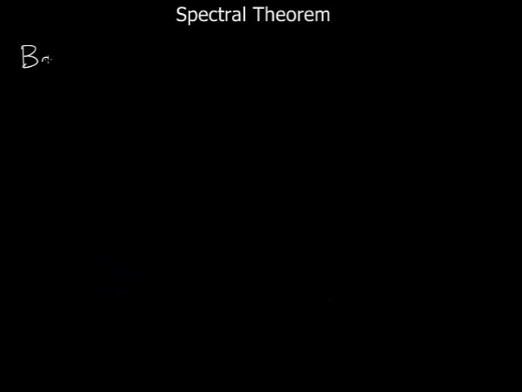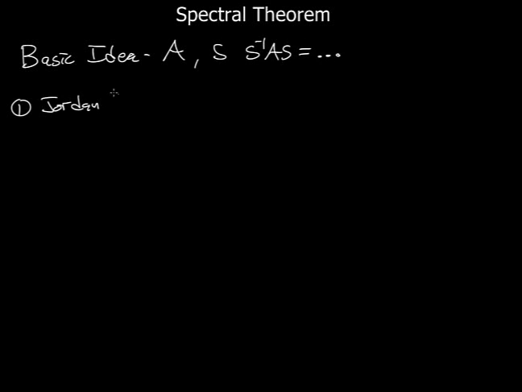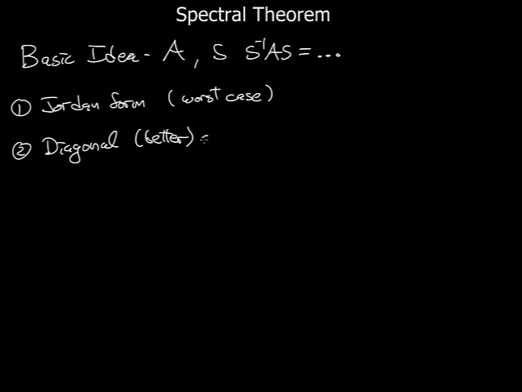Okay, let's pause for a minute and let me summarize what we've just gone over. The idea is we're starting with an arbitrary matrix A, and we want to find an invertible matrix S such that S inverse AS has a nice form. Well, you can always use Jordan form. Any matrix can be put into Jordan form. That's in some sense the worst case. A better case is if you can diagonalize it.